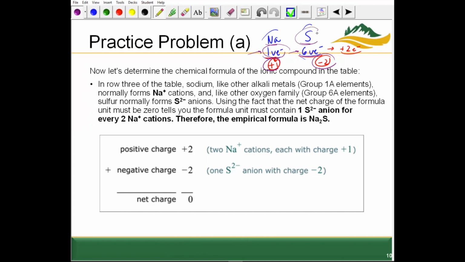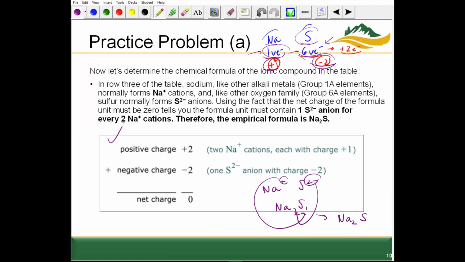Sulfur in group 6A has 6 valence electrons, but it likes to form -2 ions because it likes to gain 2 more electrons to then fill its octet. So sodium +1, sulfur 2-. The 2 gets brought down here, the 1 gets brought down here. This ends up being Na2S.